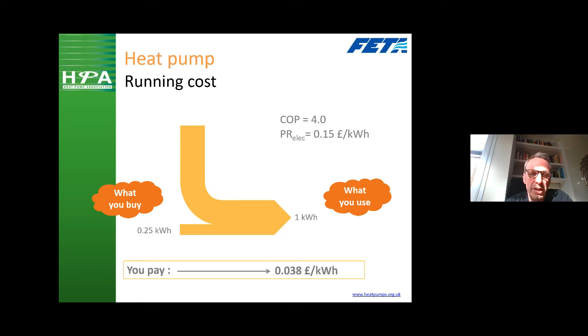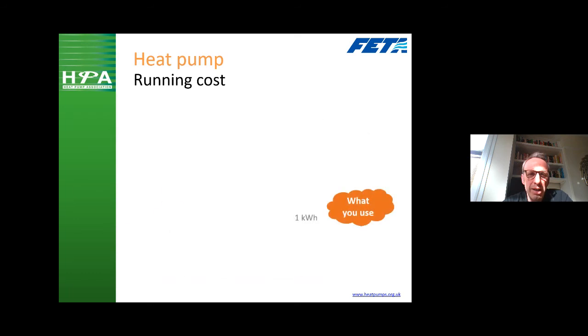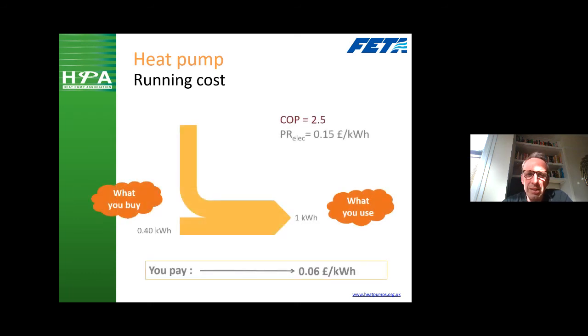If you click on the last slide of this explanation, Sam, unlike a gas boiler, the efficiency of a heat pump, because we're using the heat out of the air, can vary depending on the flow temperature that we need to generate and the ambient condition. So we'll take the same heat pump, and now the COP has dropped down to 2.5 or 250.